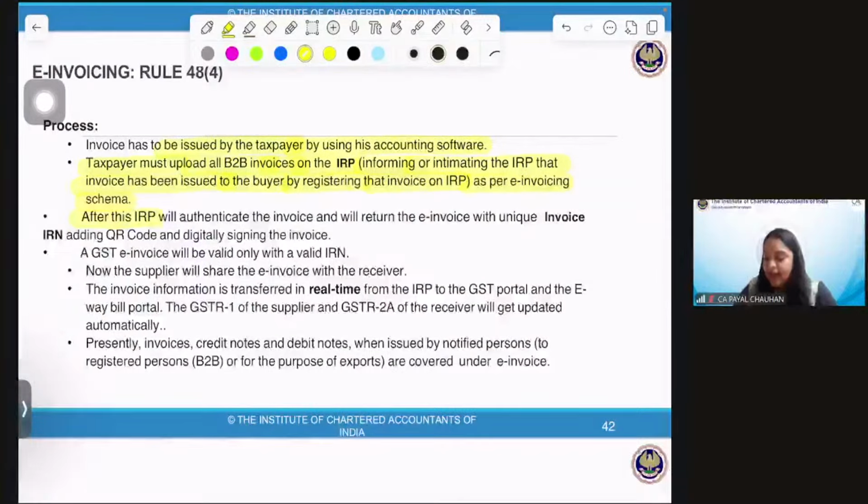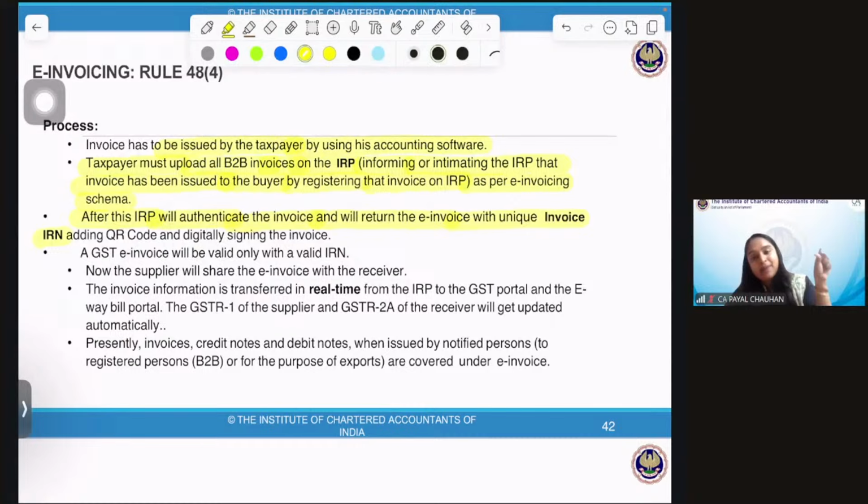After this, the IRP will authenticate the invoice. Of course, it will check, is Payal ma'am's GSTN correct? Yes. Is Anil's GSTN correct? And it will return the e-invoice, and I'll get back that e-invoice authenticated with a unique invoice reference number.